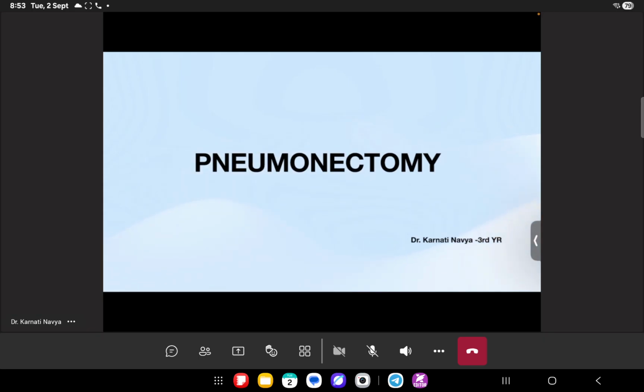On the right side, what we do is generally mobilize the azygos and put it under the pleural flap, called an azygos flap. And on the left side, we make sure that the mediastinal pleura is covered over the pericardium and the aorta so that it gets completely buried. That will prevent a bronchopleural fistula.